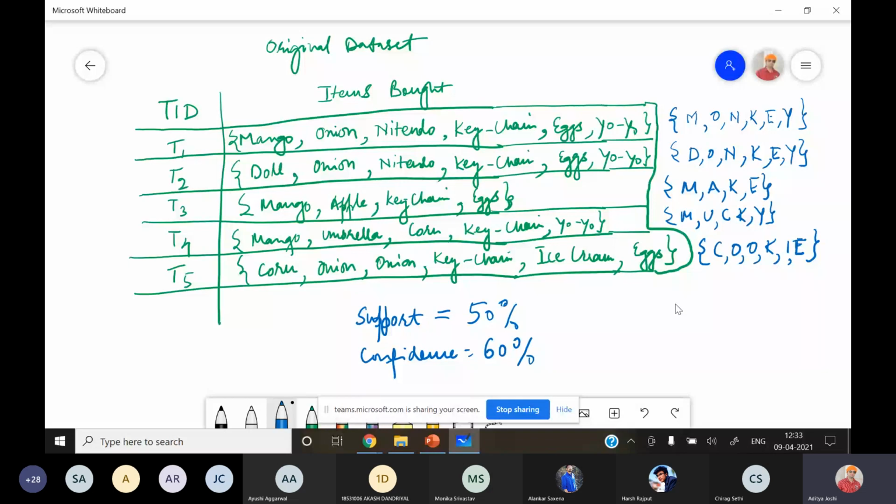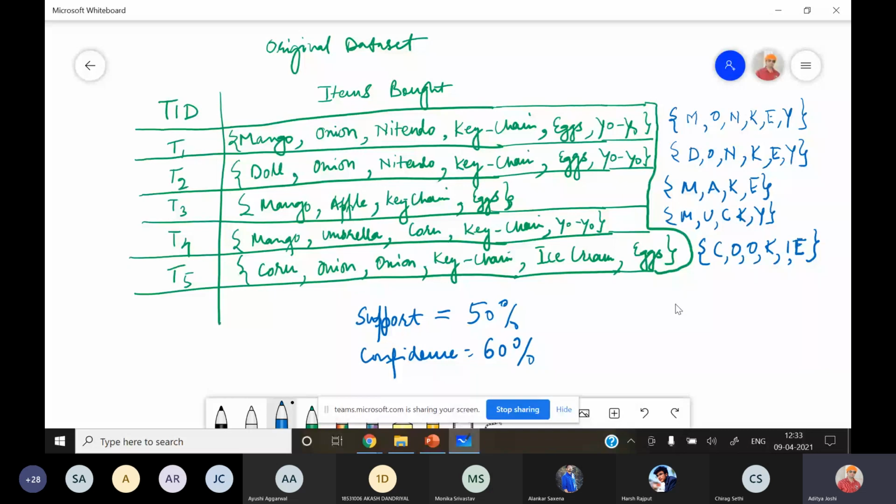And the items are mango, onion, Nintendo, keychain, eggs, yo-yo. In your first transaction, you can create some short form for those items: M is for mango, O is for onion, N is for Nintendo, Key is for keychain, E is for eggs, Y is for yo-yo.